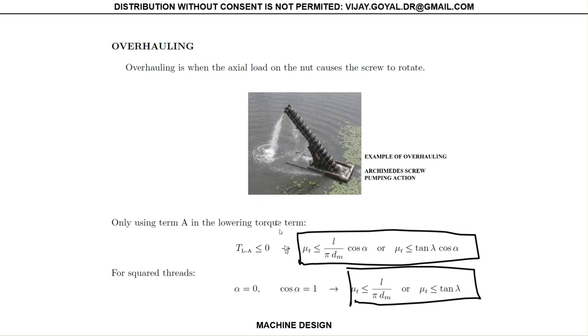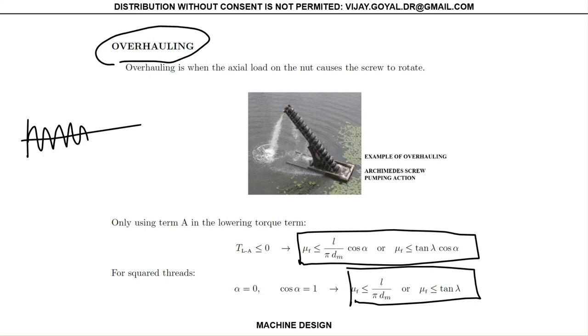It has its purposes and applications, especially when you're working fatigue problems where you're going up and down. If you're going up and down, up and down, you never want this to go up and lock itself, then come down and lock itself. So in that case, you may want to design for overhauling.